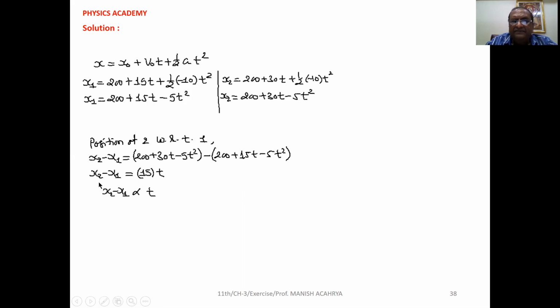So you will get x2 minus x1, the position of stone 2 with respect to stone 1, equal to 15t. See, 15 is constant, so x2 minus x1 is proportional to t. This is a linear relationship, so the graph of x2 minus x1 versus t will be a straight line. Clear to all of you?